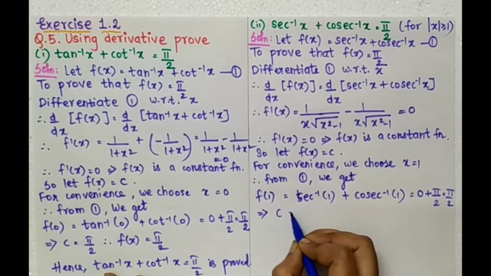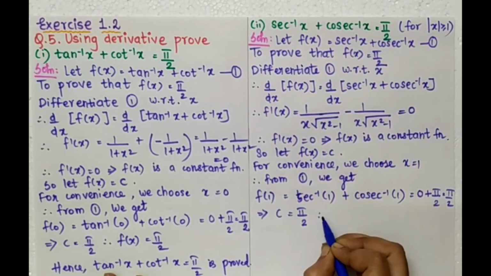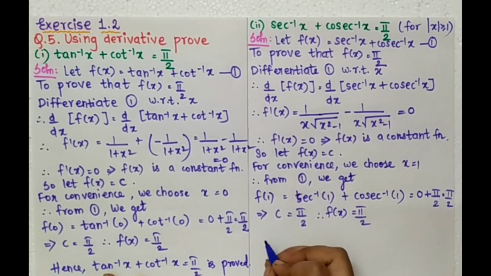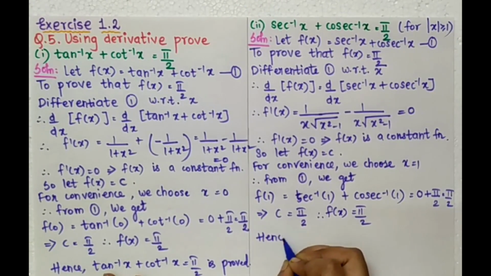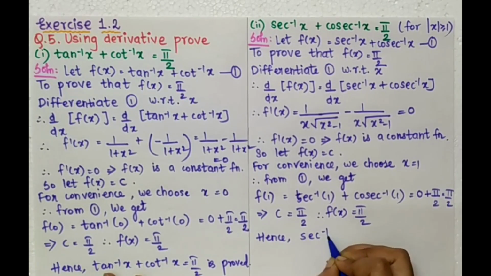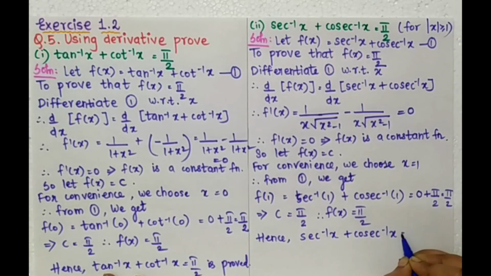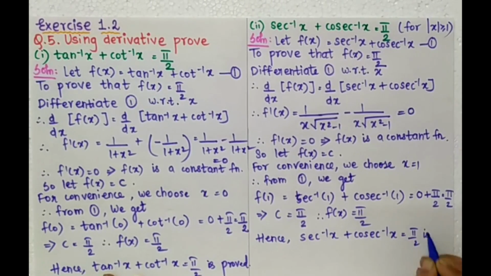This implies c equal to pi by 2. All the other steps are similar, and f of x equals pi by 2. Hence sec inverse x plus cosec inverse x equal to pi by 2 is proved.